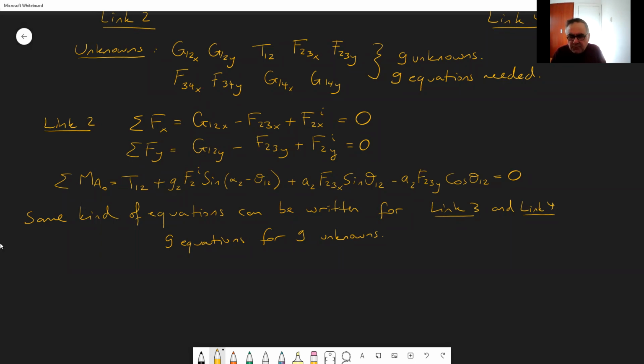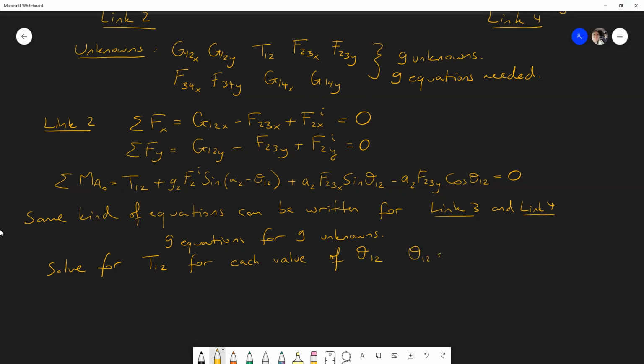what we are trying to find, as you remember, was to solve for the torque T12 for each value of, let's say, theta12 from 0 to 2 pi.